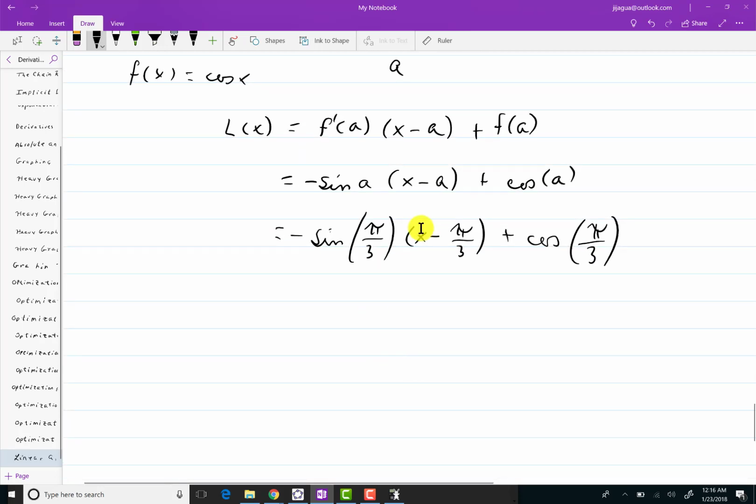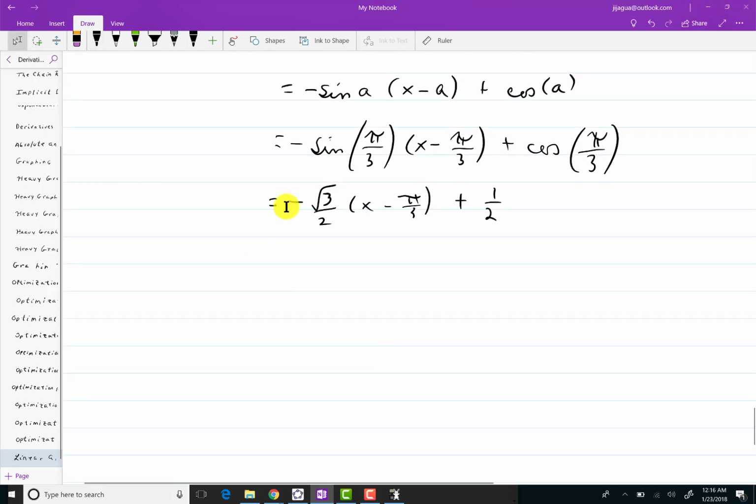All these numbers are numbers that we should know. This equals negative radical 3 over 2 times x minus pi over 3 plus 1/2.